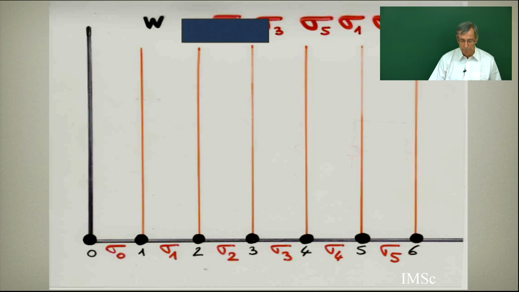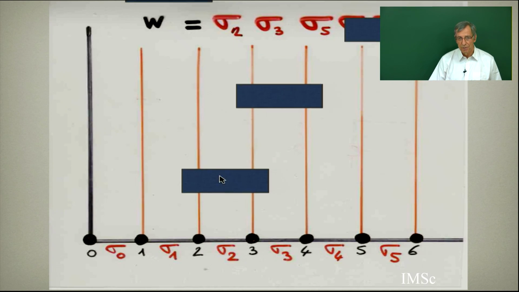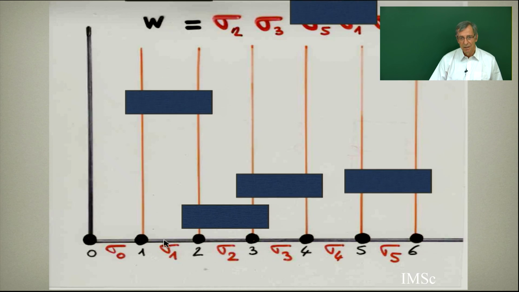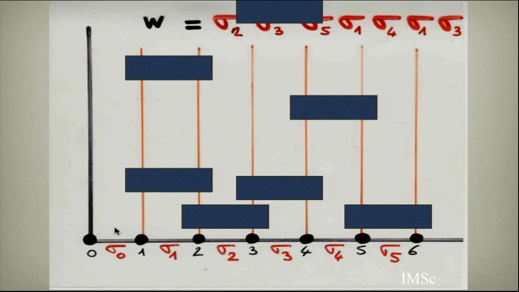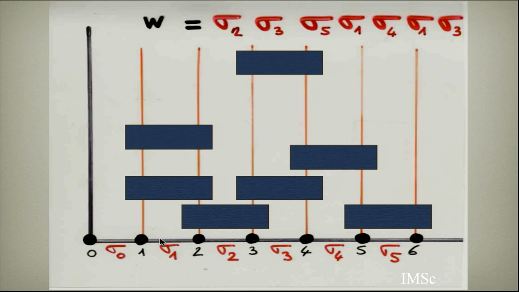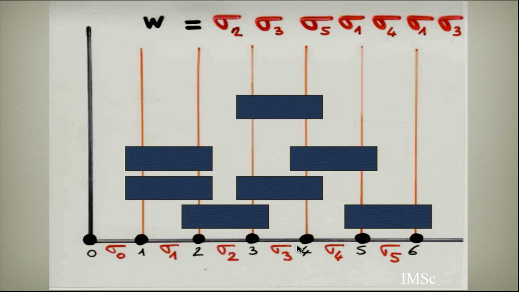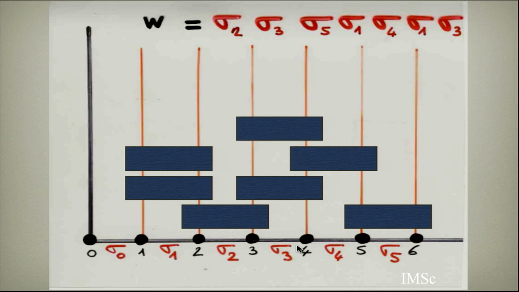Another example: you see you have diamonds in each column here. Each column is labeled sigma 0, sigma 1, sigma 2, sigma 3, and here the diamonds are falling down, and what you see is the heaps.